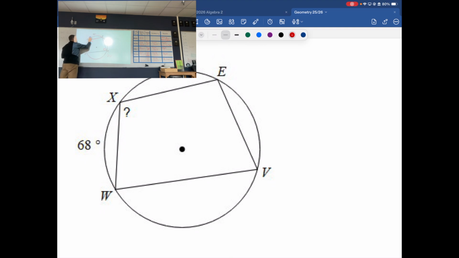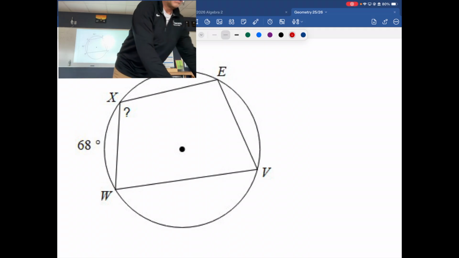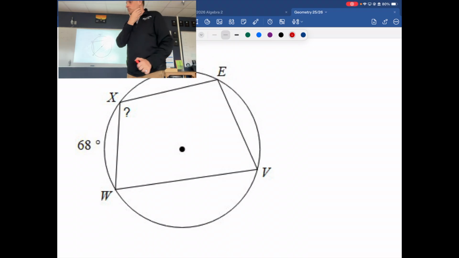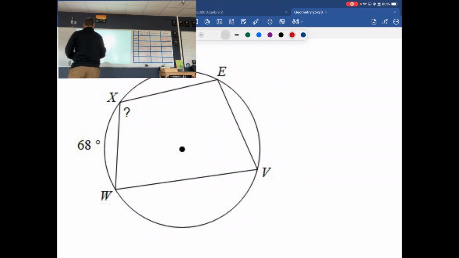Okay. Let's look at the next one. So let's just slide it over. All right, so I'm looking at my, again, this is what I have to find.